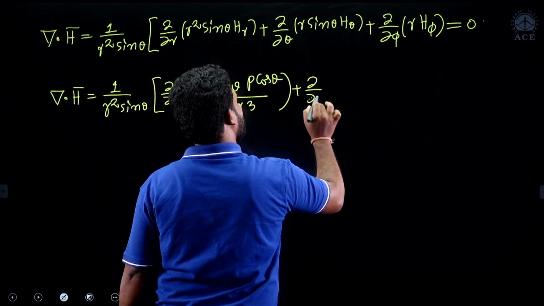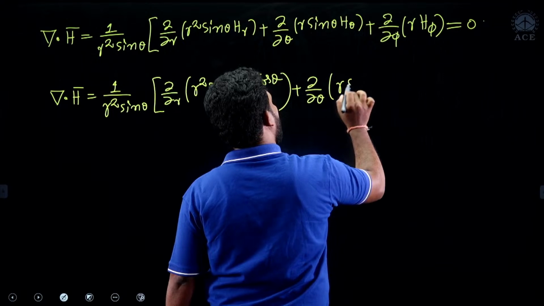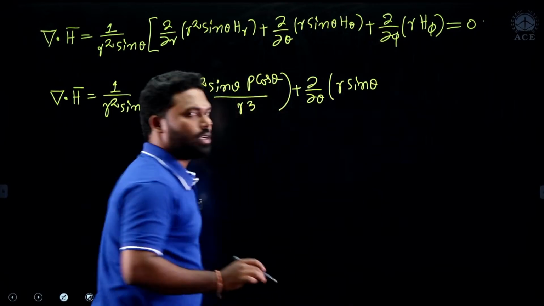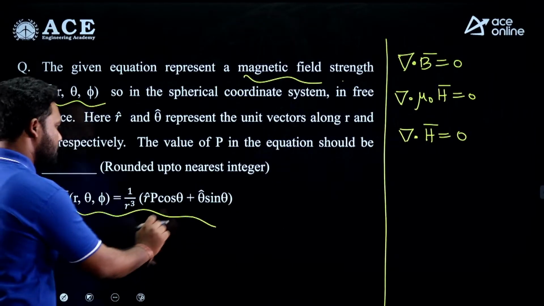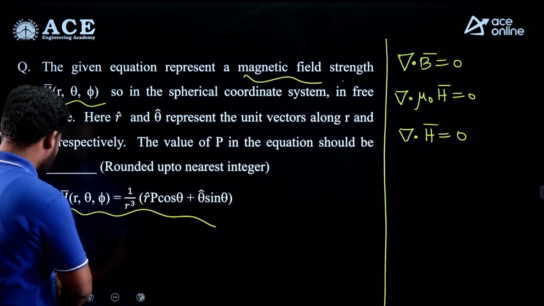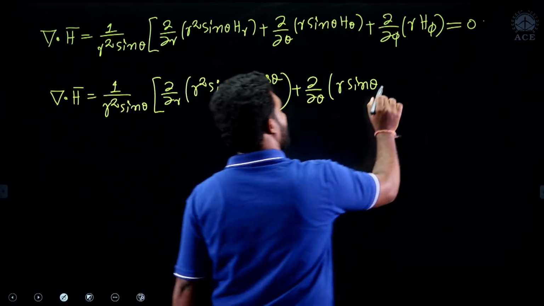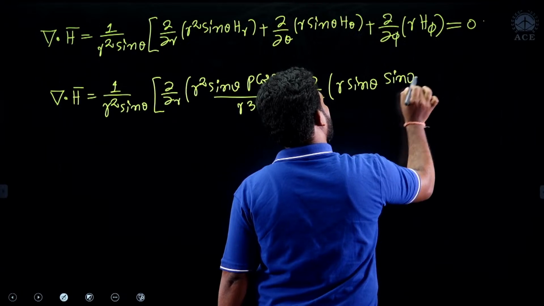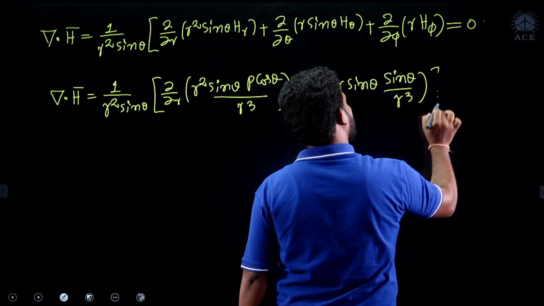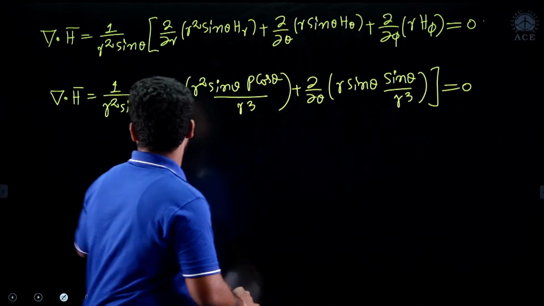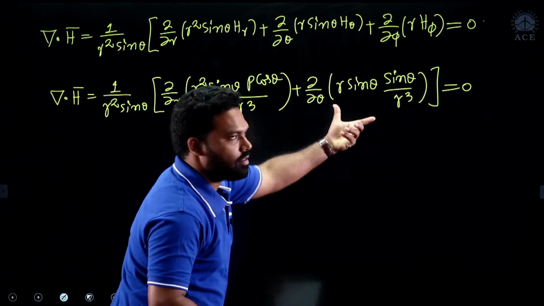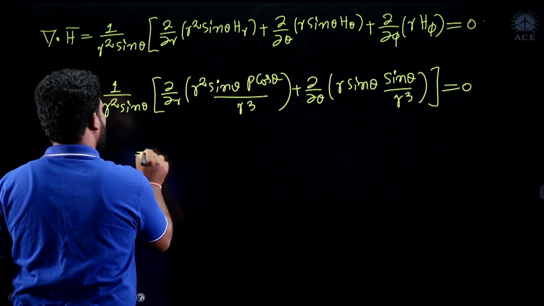Plus dou by dou theta of r sine theta into H phi. What is the H phi? Let me go back. H phi is sine theta by r cube. Fine. So here it is sine theta by r cube. I'll write this one in a single step. You can ignore this part. Make this part only equal to 0, which is equal to, what is the differentiation?